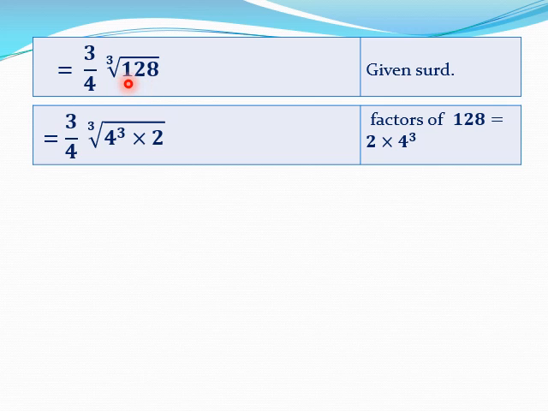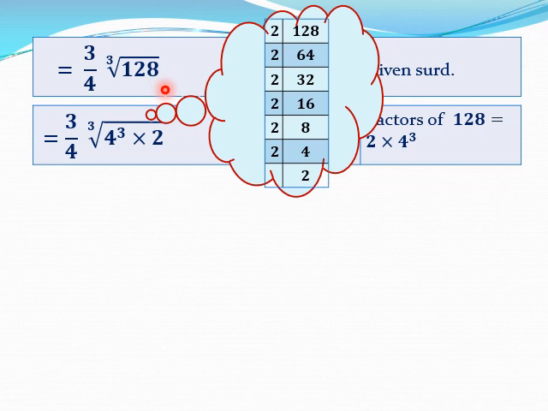First of all, we write the prime factors of 128. You can observe 128, and we are going to take its factors. 2 64s are 128, 2 32s are 64, 2 16s are 32, 2 8s are 16, 2 4s are 8, and again 2 2s are 4.